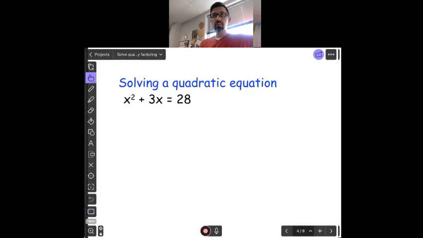So there's something fundamentally different about this problem than the last 2 that we've done. What's different about this problem?